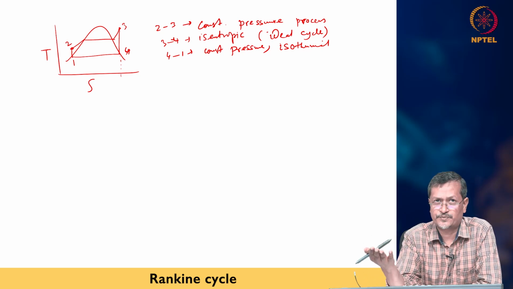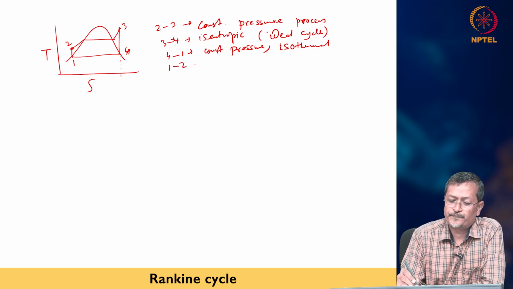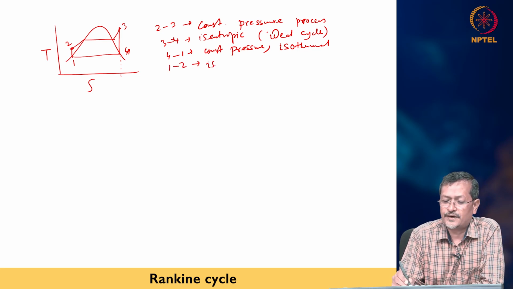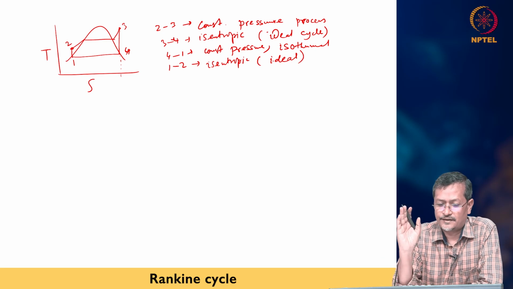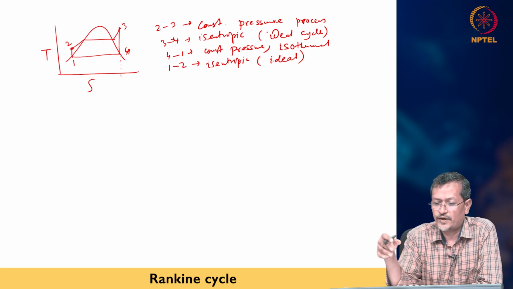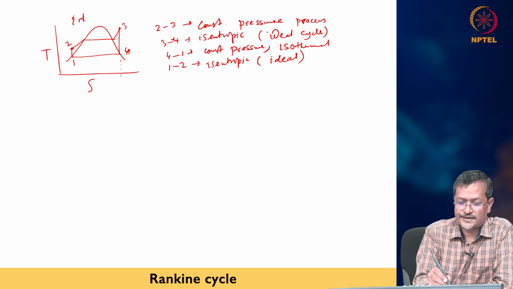And 1 to 2 is again isentropic, I am saying ideal conditions. Practically things will be different, especially 1 to 2 and 3 to 4, the pump and turbine work will be different. So this is the ideal cycle.